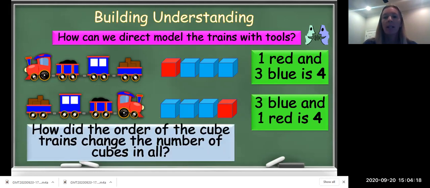All right, so if you guys think about this, I might say I have 1 red dog and 3 yellow dogs. Well, 1, 2, 3, 4. Then I can reverse it and I can say I have 3 yellow dogs and 1 red dog. 1, 2, 3, 4. Same numbers, just in a different order.